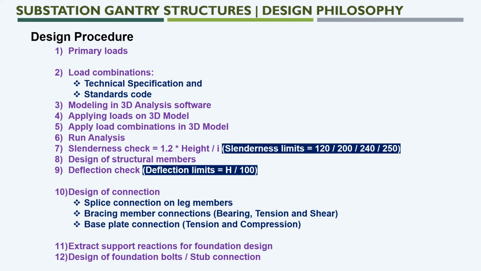Next step is design of connection. So this connection design means splice connection for main legs. As I said, some suppliers won't have a maximum span of greater than 6 meters.